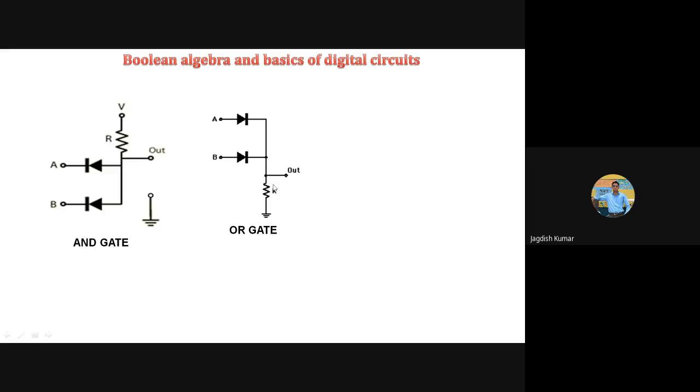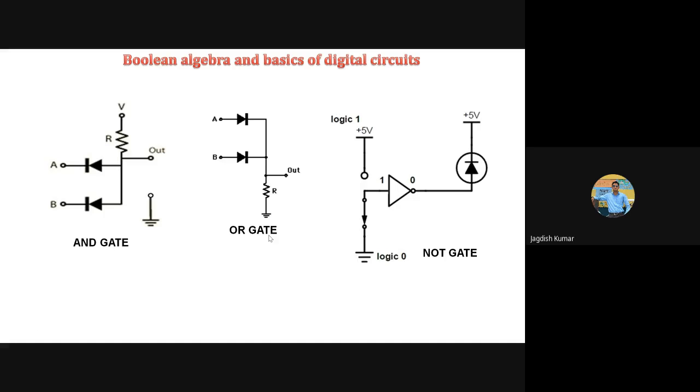And whenever a current flows, there will be a potential drop across this resistance. Means if the potential here is 0, the potential here will be high, VCC or plus 5 volt, and hence output will be 1. So whenever A is 1 or B is 1, output will be 1. And when both are 1, again output will be 1. So this is what explains the simple operation of this OR gate.